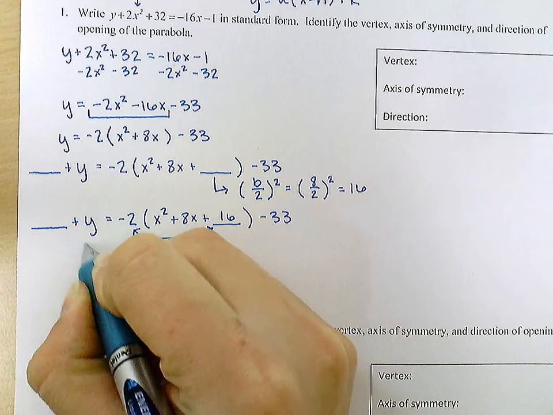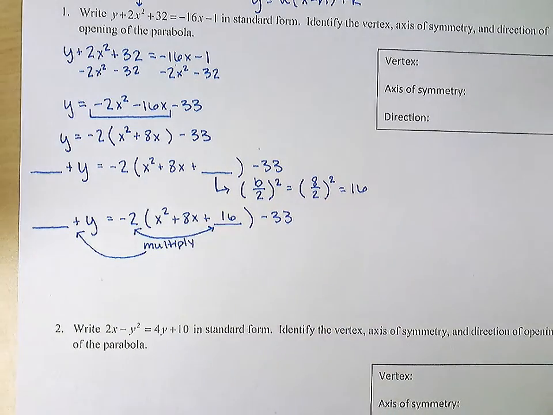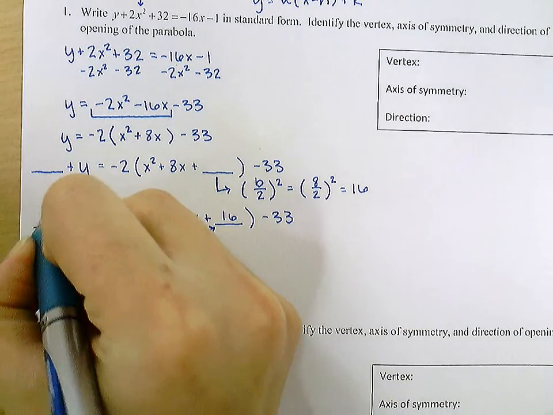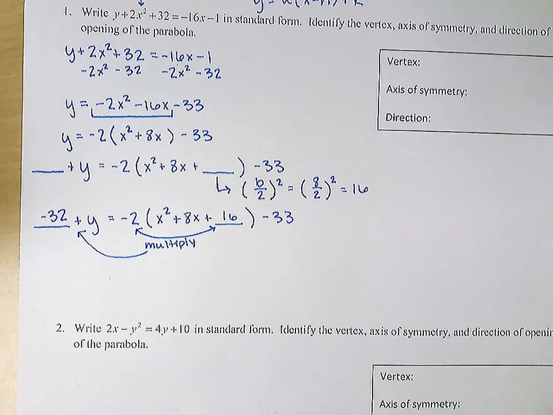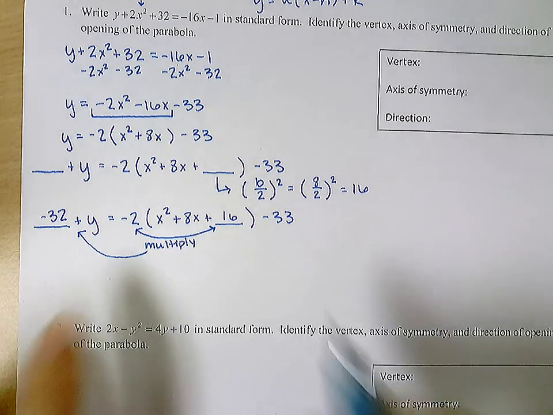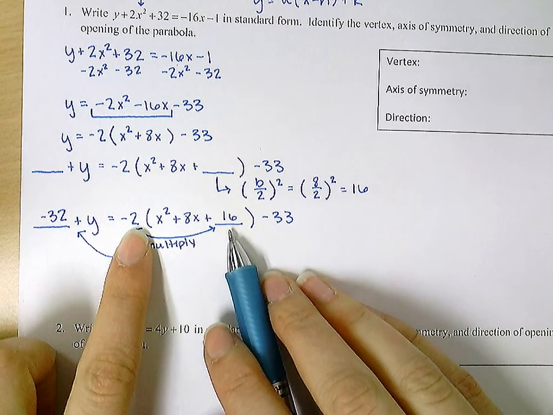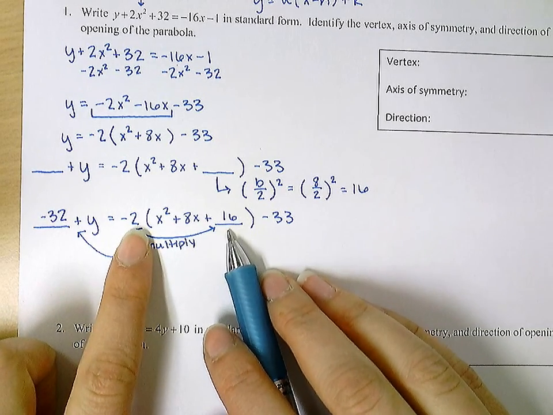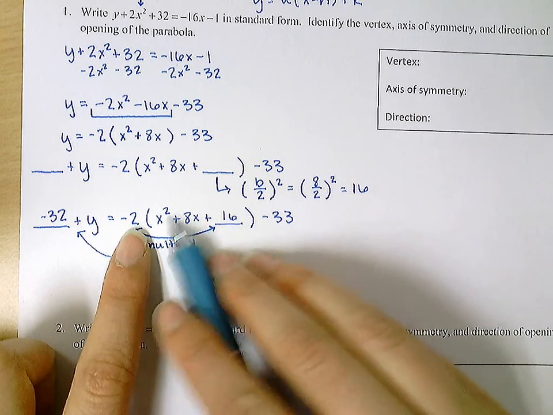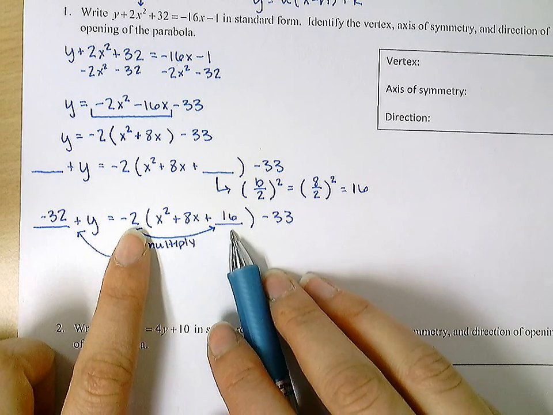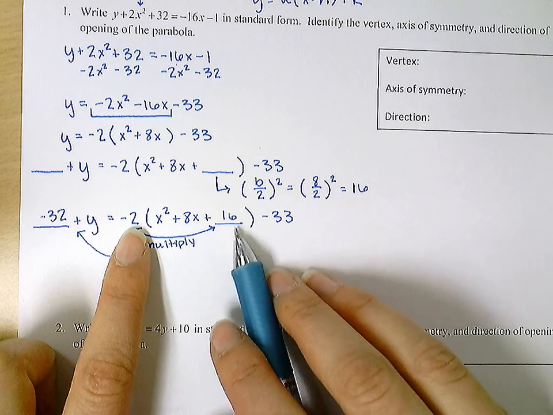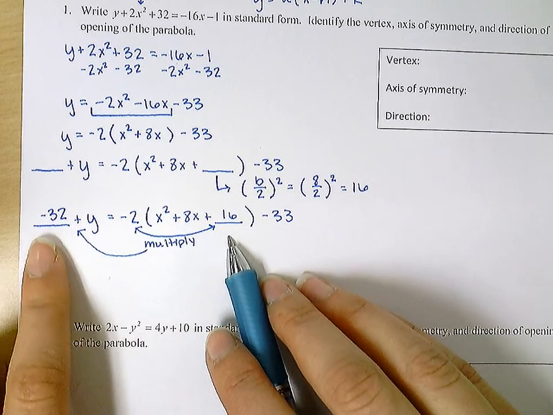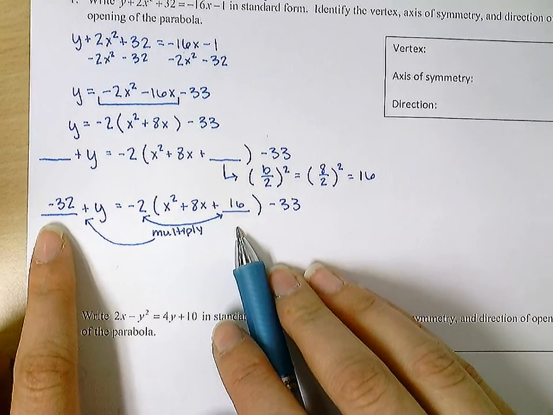That is what needs to go on this side. So I would have -32, not 16. You have to remember to multiply these because that's technically what I added on to the right-hand side. If I were to distribute that back in, I would have -32. That's what I'm adding on to the right, so I need to add that on to the left.